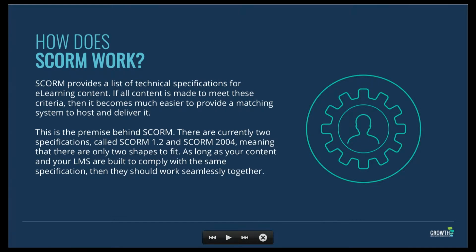There's no such thing as being SCORM compliant. You're either SCORM 1.2 or you're SCORM 2004, or you can be both. It's an important distinction. When you're looking to buy a learning management system, it's important to understand what SCORM 1.2 is defined as and what SCORM 2004 is defined as, to make sure you've got the right reporting metrics for what you want to report on.